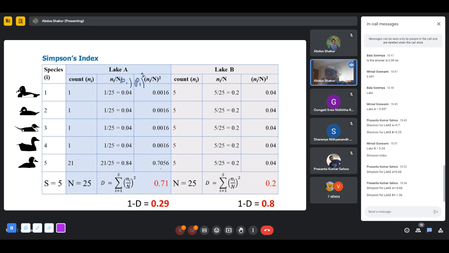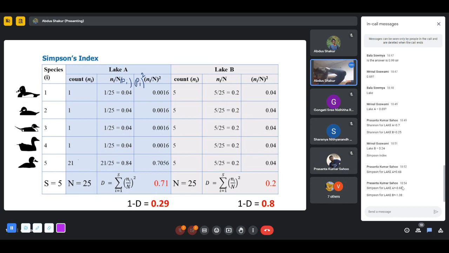When you add all of these, here you are getting 0.71, but you will get somewhere around 0.69, or 0.7, which I hope some of you have got. I think, Prashanta, you said 0.7 for Shannon. Lake A, is it Shannon or Simpson?